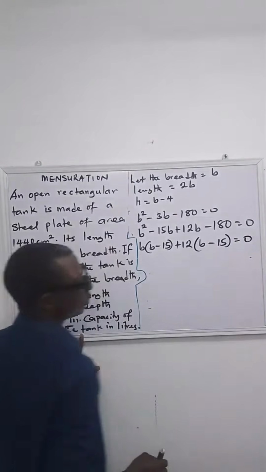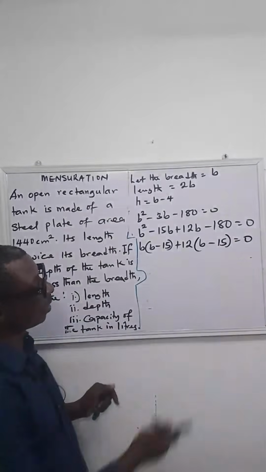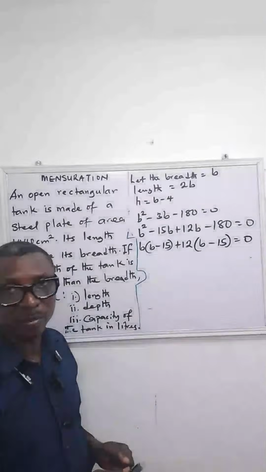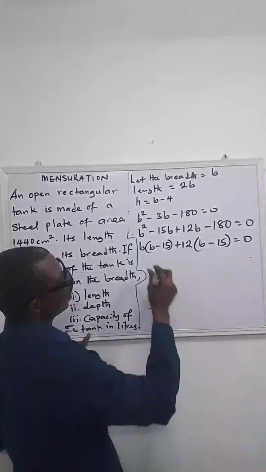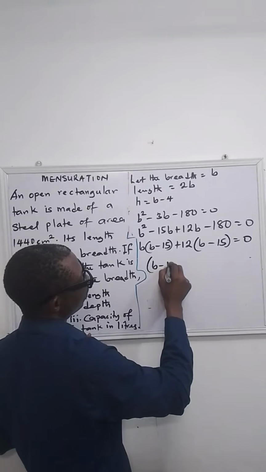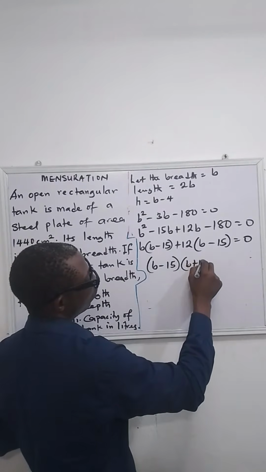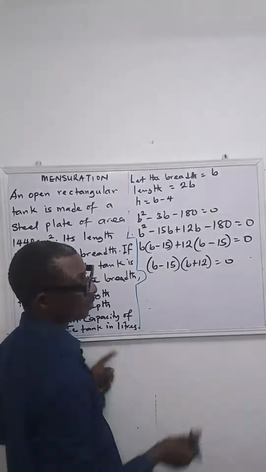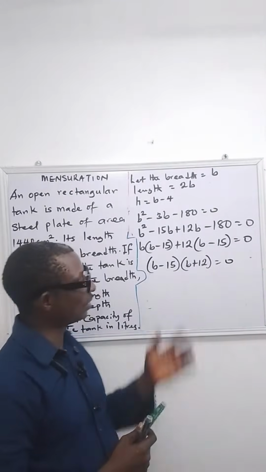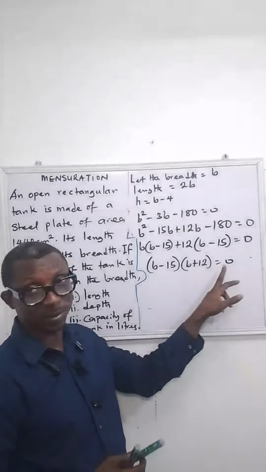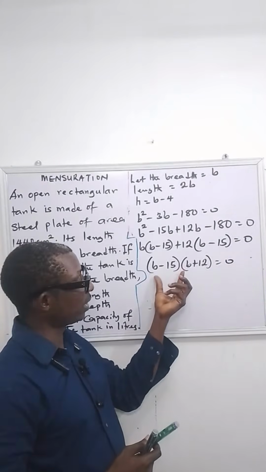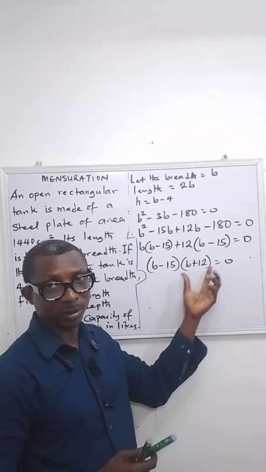That gives you 0. Now you can factor out b minus 15. So we have b minus 15, and we are left with b plus 12 equals 0. Now we have two entities multiplying each other to give 0, so it's either this is 0 or the second is 0.